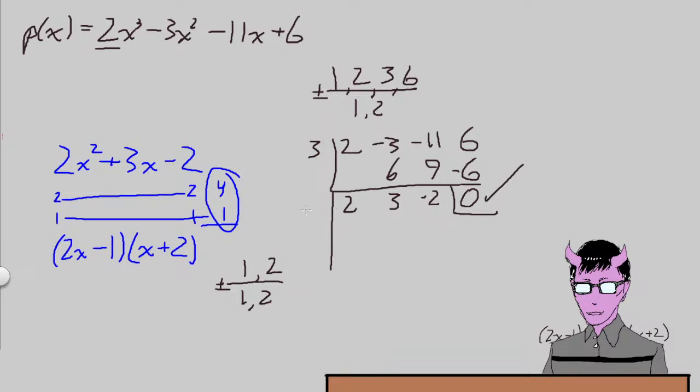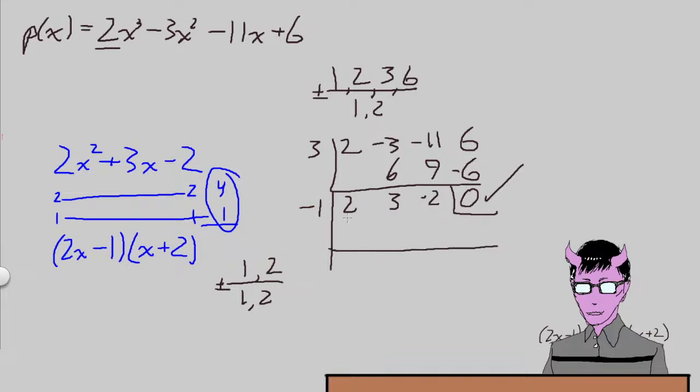I'm gonna cheat and just use one of the answers that I could visually see right there. So if you choose a candidate, let's not cheat that much. Let's use -1. So if we suspect that -1 is a 0, then we put it straight down as -1. Okay, remember, you don't need to convert this into a factor. Converting it to a factor would be x plus 1, which you would use for long division. But with this algorithm, synthetic division, you don't need to convert it into a factor first.